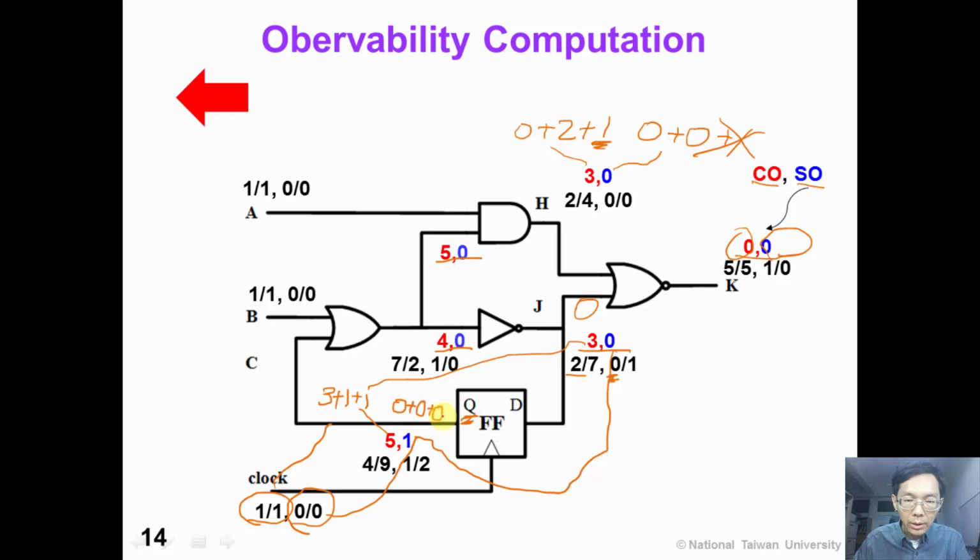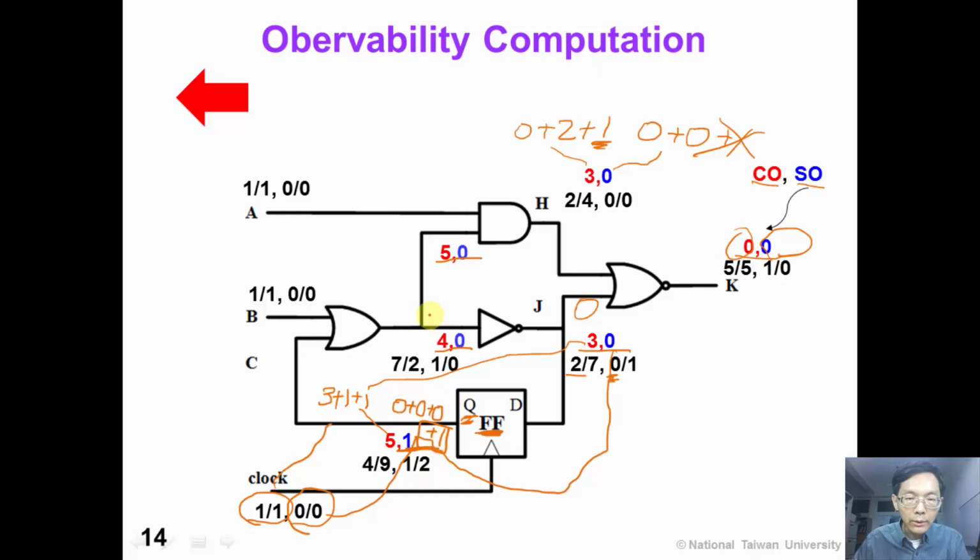And finally, don't forget, we need to add 1 because this is a flip-flop. So we need to add 1 when we propagate the observability. So SO of Q is equal to 1.